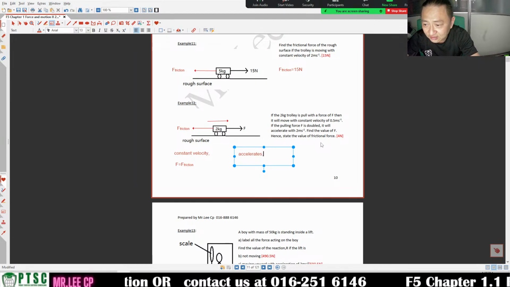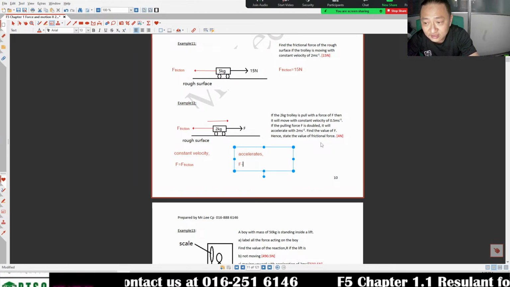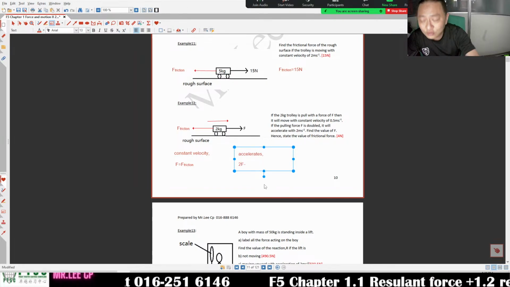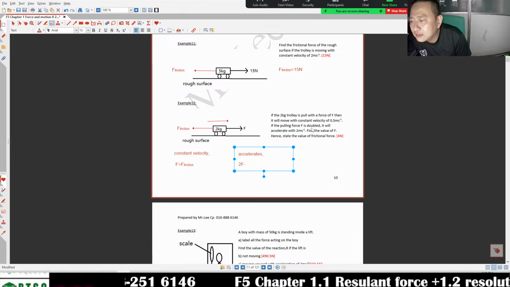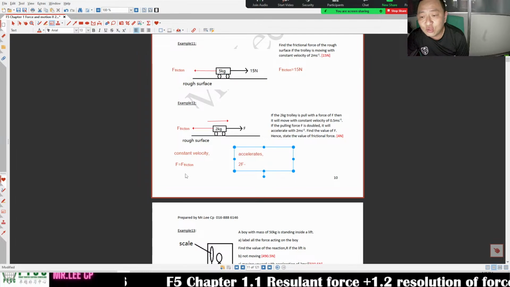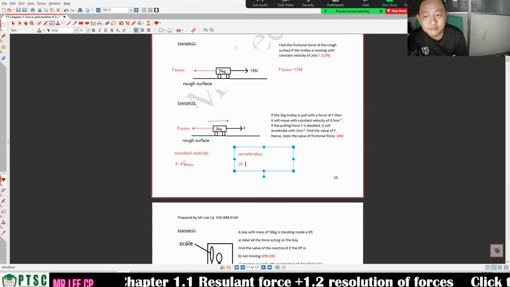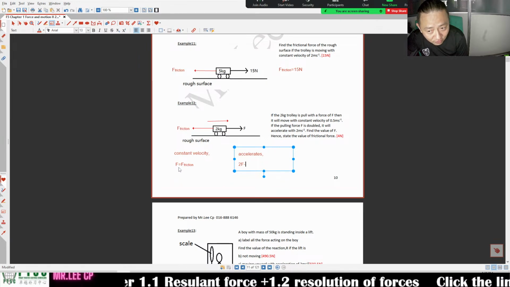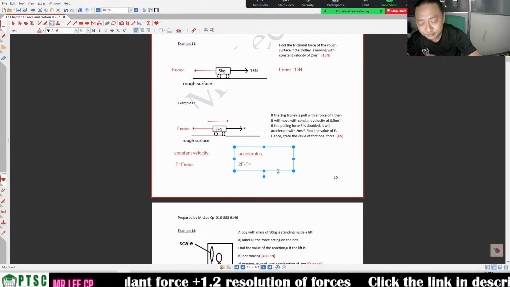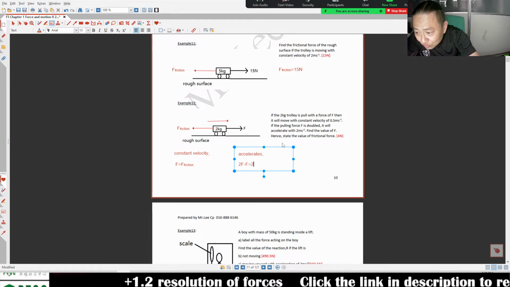If it accelerates, the forward force is no more F. It is 2F, because it is double of just now. Frictional force, how much? Friction is still the same, F. Here we already know friction is F. This is also MA. M is 2, A is acceleration.